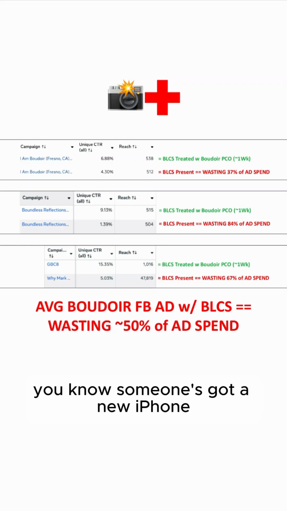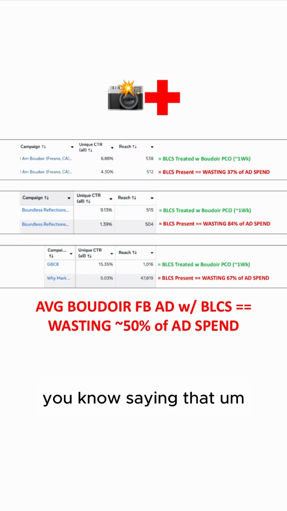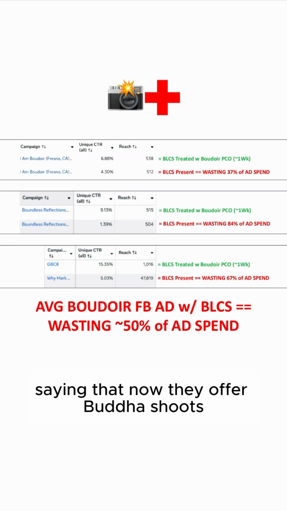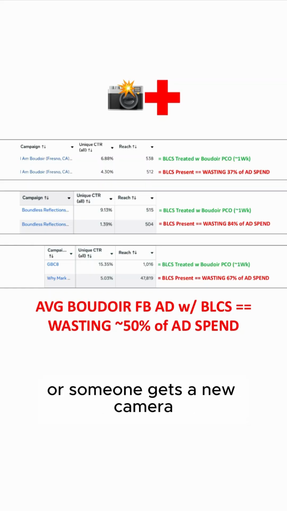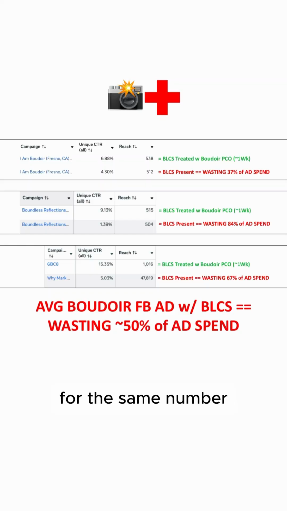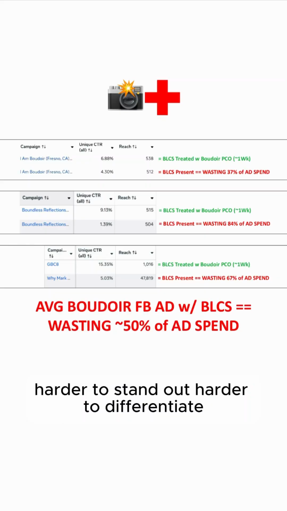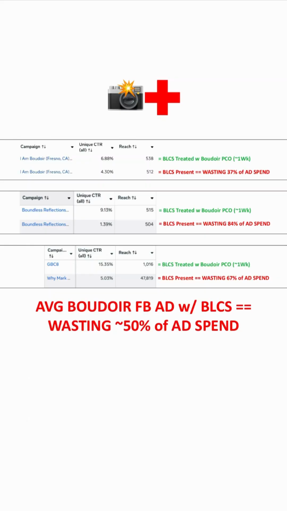Someone's got a new iPhone, they're throwing up a Google My Business profile saying now they offer boudoir shoots, or someone gets a new camera, now they're posting in the mom groups that they offer boudoir photo shoots. So it's just more and more boudoir photographers over time, competing over the same number of buyers, harder to stand out, harder to differentiate.